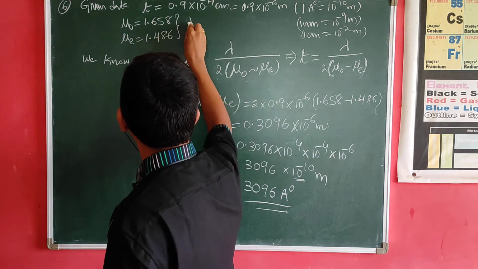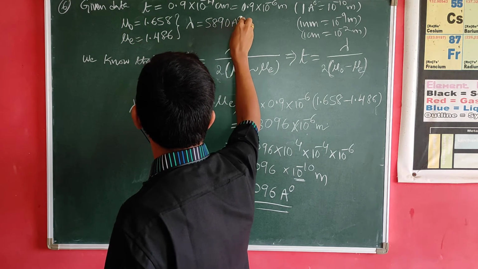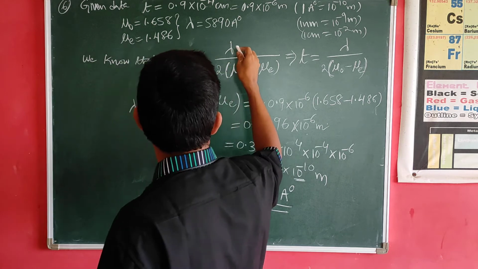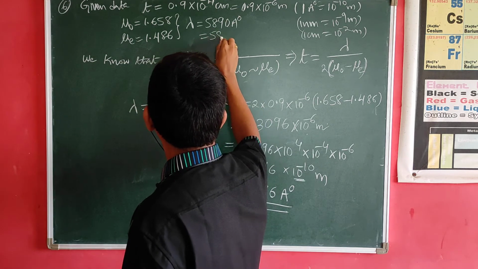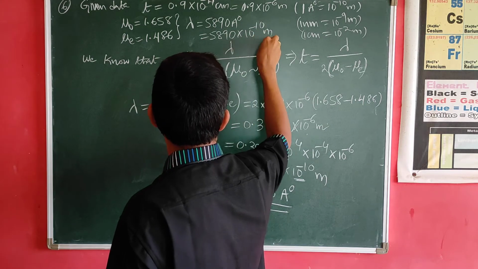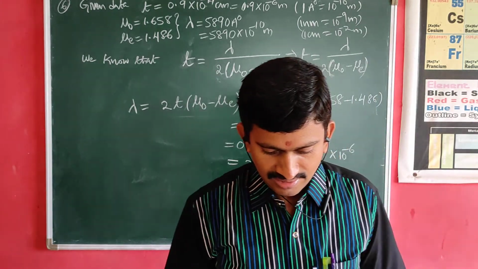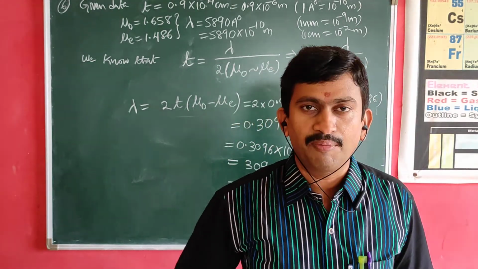Converting into meters, 5890 into 10 power minus 10 meters, since we already know that 1 angstrom equals 10 power minus 10 meters.